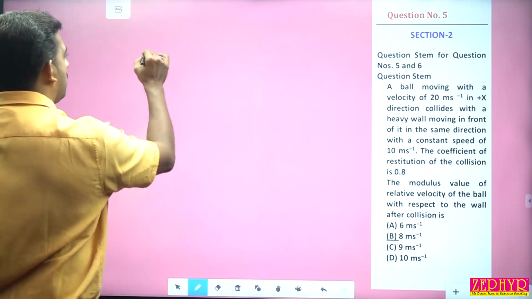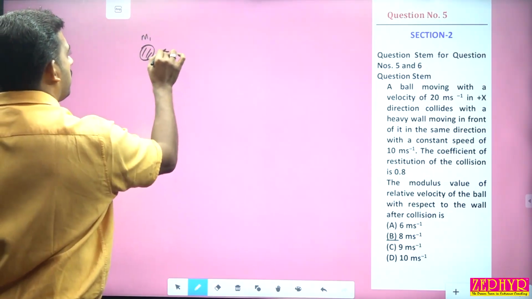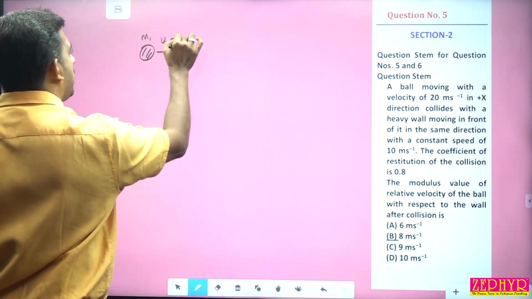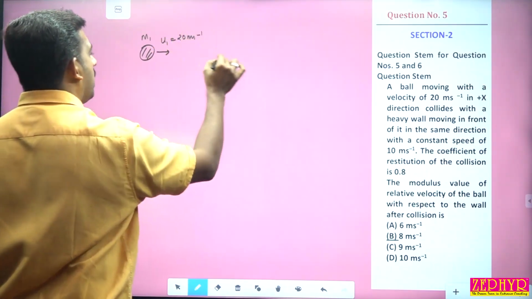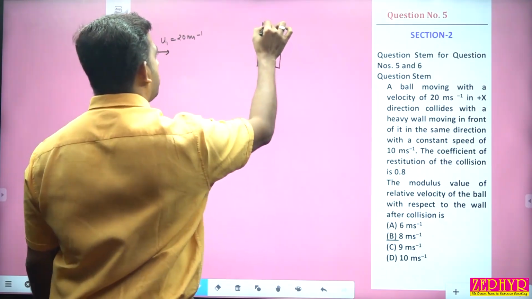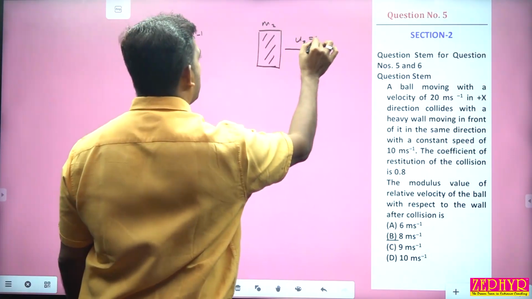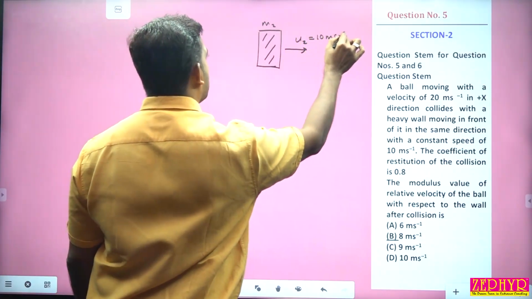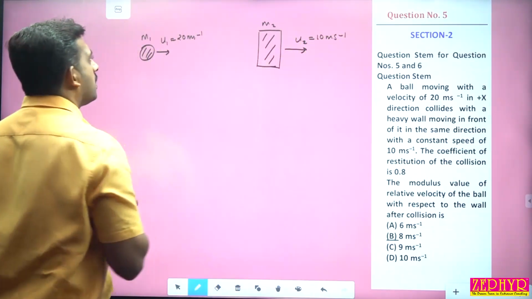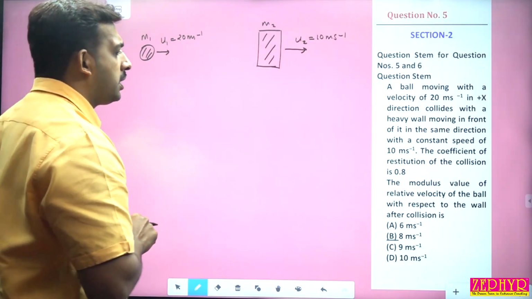So we have a ball which can be considered to be a mass m1 moving with a velocity of 20 meters per second and is colliding with a heavy wall, that is m2, which is moving with a velocity of 10 meters per second. The coefficient of restitution of the collision is 0.8.